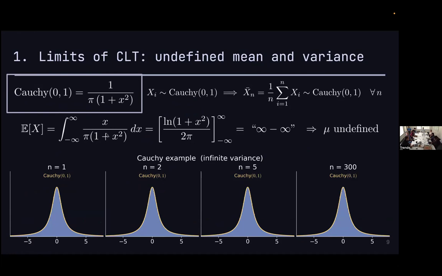Its mean cannot be computed. If you try to compute this integral, you get infinity minus infinity, and that's undefined. If you add up different samples from the Cauchy distribution, they do not obey the central limit Gaussian behavior. They actually remain Cauchy distributed.